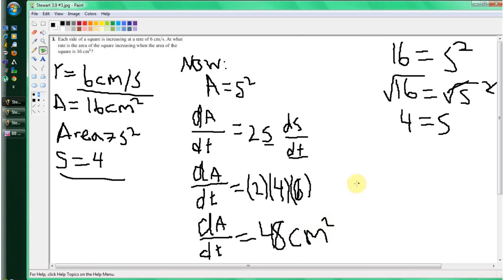So the area is increasing at a rate of 48. And that's all for the first problem.